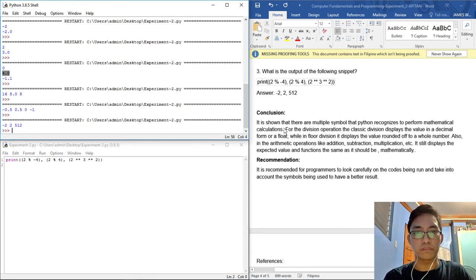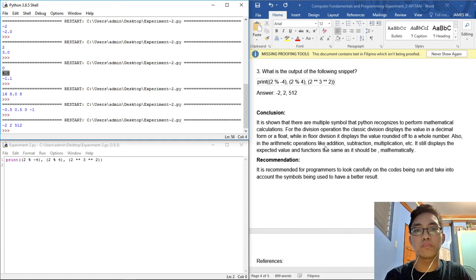And there you go. For the conclusion, it is shown that there are multiple symbols that Python recognizes to perform mathematical calculations. For the division operation, the classic division displays the value in a decimal form or a float, while in floor division, it displays the value rounded off to a whole number and also to the lowest integer.